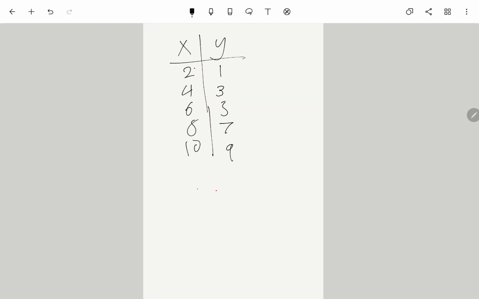So if the x is not repeated, that means it's a function. But if the x repeated the number, that means not a function. So in this case, our numbers are not equal, they're not repeated numbers. So that means it's a function.